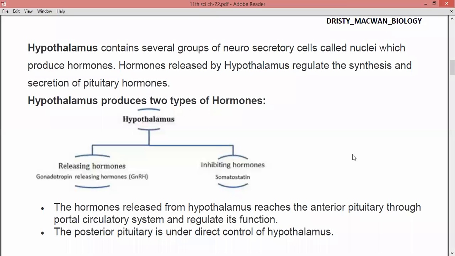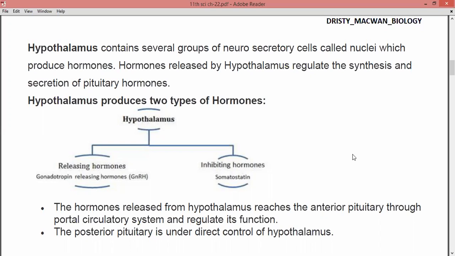But firstly, the hormones released by the hypothalamus reach the anterior pituitary with the help of the portal circulatory system, and this regulates its function, right? So the anterior pituitary is indirectly controlled by the hypothalamus, that is, with the help of the hormones, while the posterior pituitary is directly controlled by the hypothalamus, right?